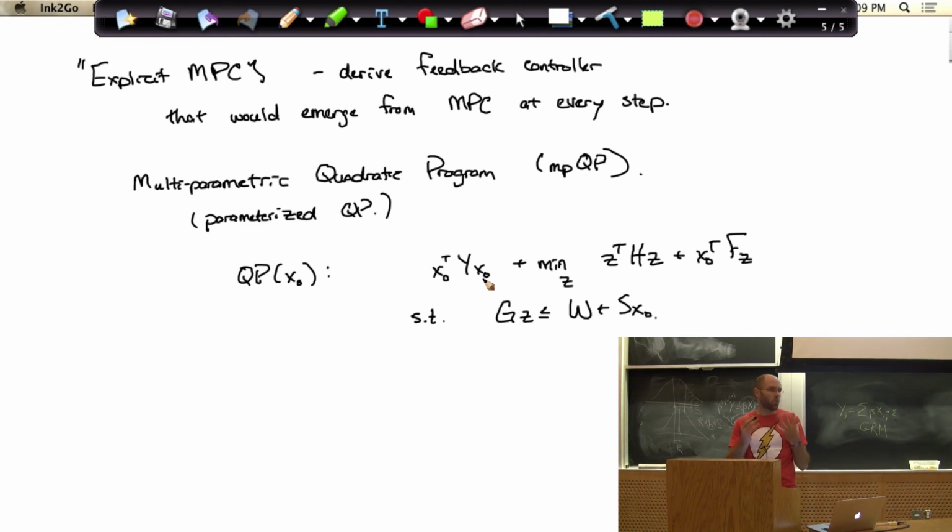Okay, there's a very important result from the world of MPQP. It's theorem 1 in a paper I'll cite in the notes.